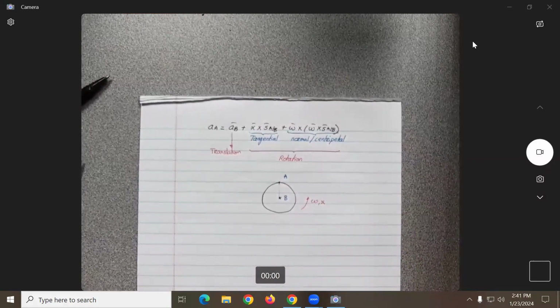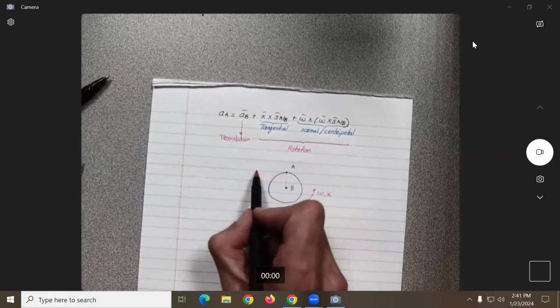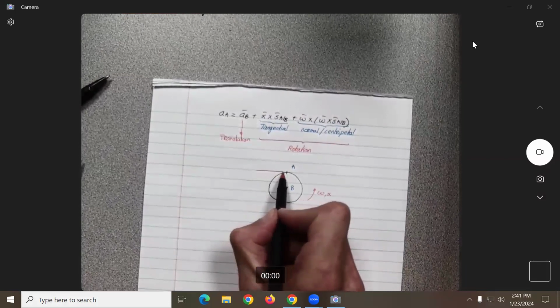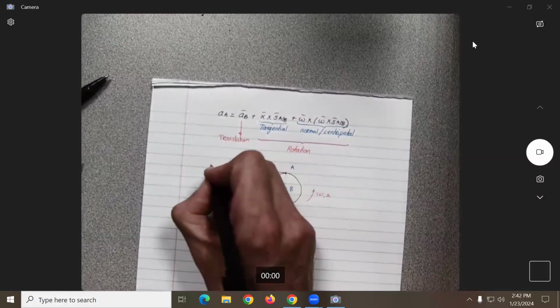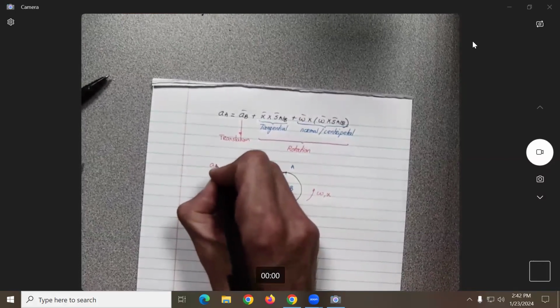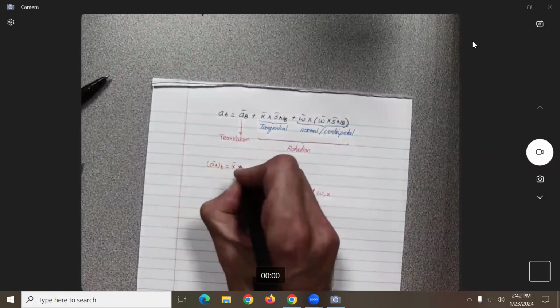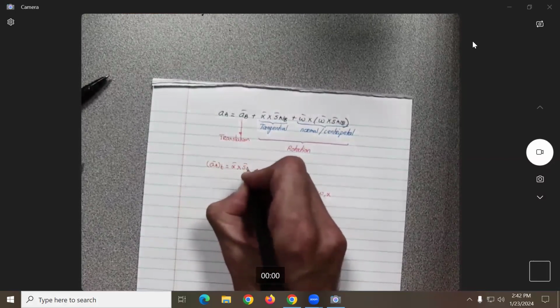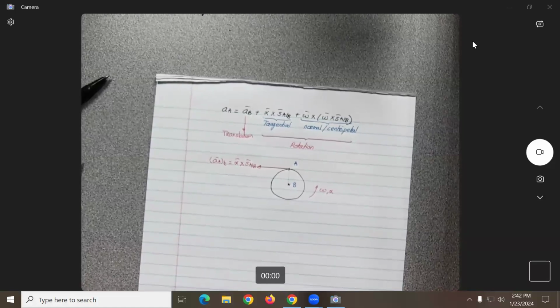Oh, here we need to be careful. Let's say this is rotating counterclockwise. So what should be this component over here? This should be the tangential component, which would be equal to alpha cross S of A with respect to B.